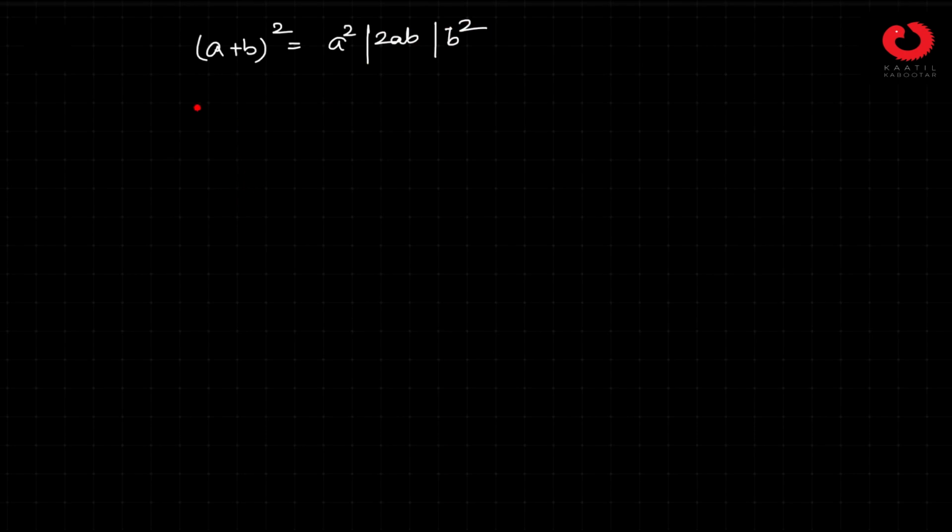Suppose there is a number 72 and you want to square it. I will take 7 as a and 2 as b. So this will be 7 square, 2 into 7 into 2, and then 2 square.